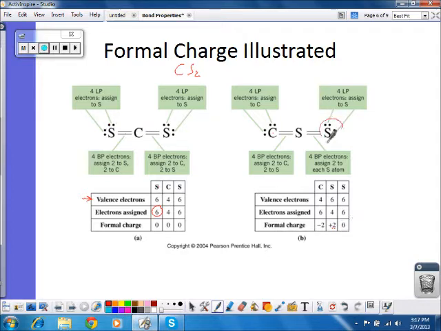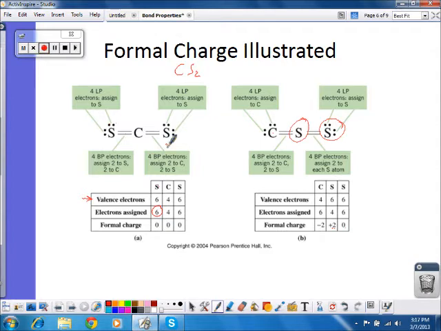This sulfur has a formal charge of 0. This sulfur has a formal charge of +2. So when we look at the formal charges, there are formal charges that are not 0 here. All the formal charges here are 0. So this is the better representation.